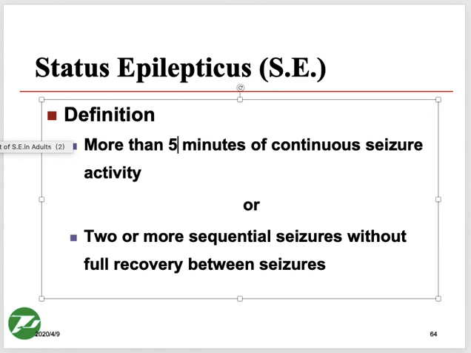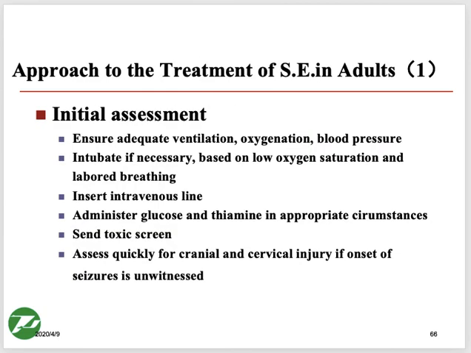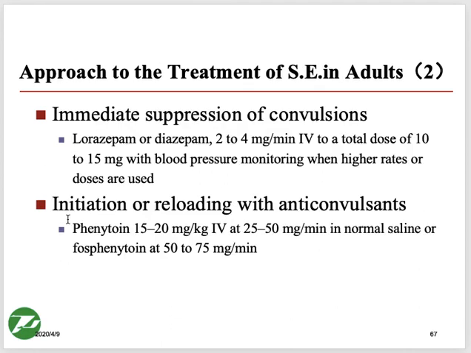The most common cause of status epilepticus is someone who is a diagnosed patient of epilepsy, was taking medication, and has now stopped taking medications. Whenever we find a patient with status epilepticus, it's a medical emergency. ABC, initial assessment.